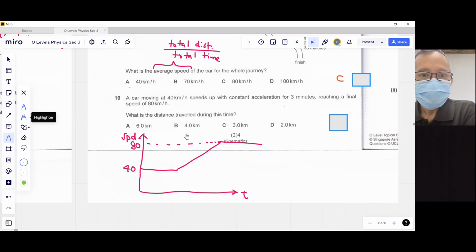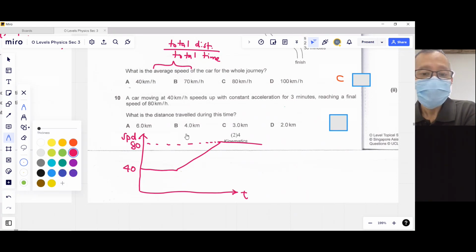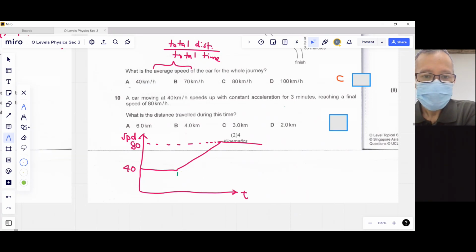What's the distance traveled during this time? There's only one time they tell you, and that is the 3 minutes. So this area is what you are interested in.